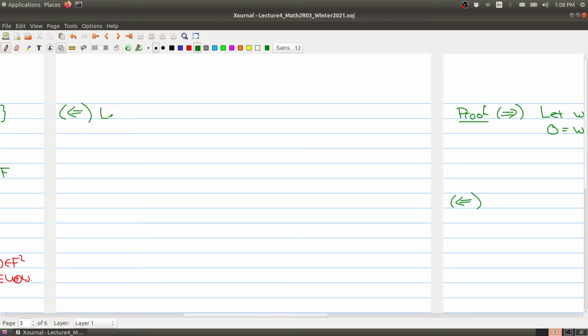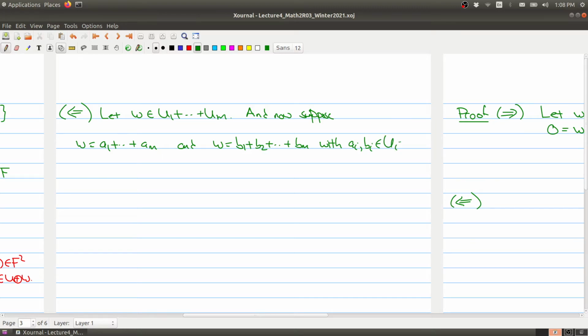So let's say I take a vector W in the sum, and suppose that W can be written as A1 up to AM, and W can also be written as B1 up to BM, with each AI and BI inside of UI.